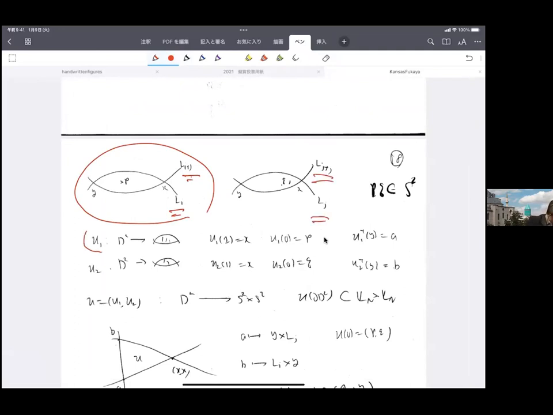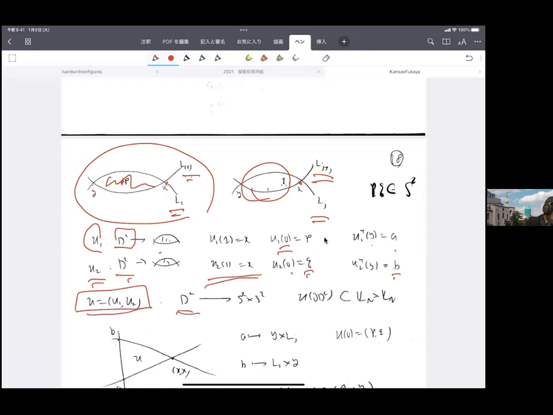Then we take this map U1 from the disk to this domain, so that 1 goes to X and 0 goes to P, and there is some A which goes to Y. And you have U2 from the disk to this domain, so that 1 goes to X and 0 goes to Q, and Y is an inverse image with P. Now I take this U so that it is U1 and U2.